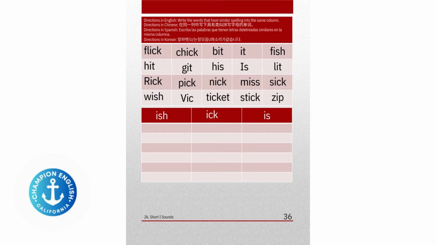In the first column, we have ish. So you're going to choose the right words that go in column 1. In the second column, we have ick. Can we say that together? Ick. That's right, students. So you're going to put the words that have ICK in that column. And in the third column, we have is. We're going to put the words that have is at the end in the third column. Okay, I'm going to give you 30 seconds.